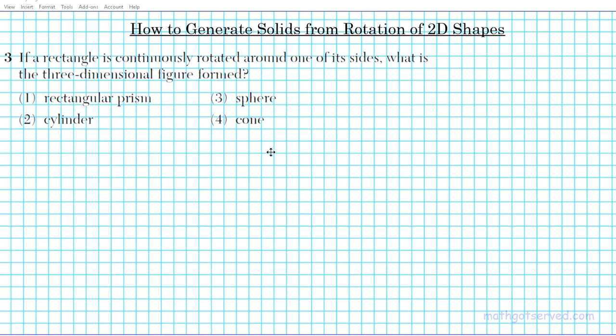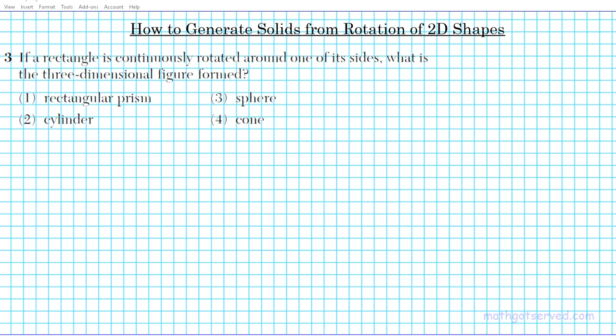Alright, so the first one, rectangular prism, it's impossible to get a rectangular prism from rotating a rectangle because a rectangular prism does not have a circular outline.